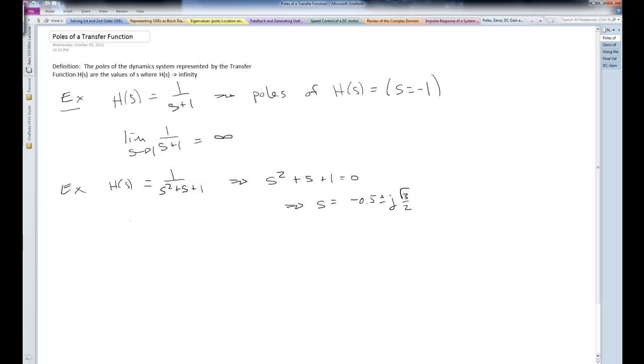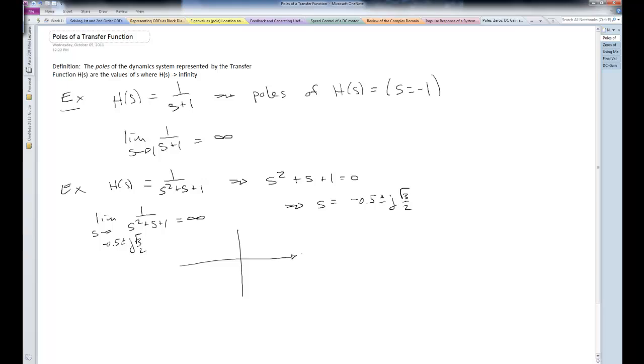And again, that's where the limit of 1 over s squared plus s plus 1 as s goes to minus 0.5 plus or minus j times root 3 over 2 goes to infinity.